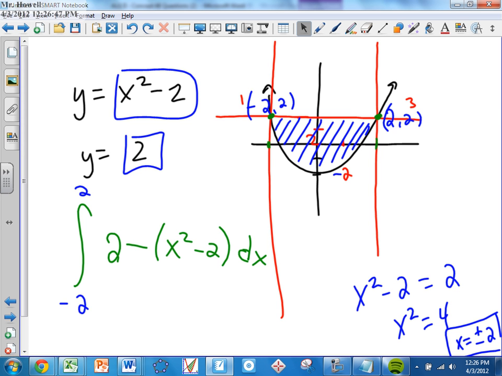I'm thinking about it in my head. That's where volumes is. For volumes, you have to integrate. But you can say, okay, what's the upper function, the function on the right, what's the lower function, the function on the left, and you can integrate from the lower limits to the upper limits.